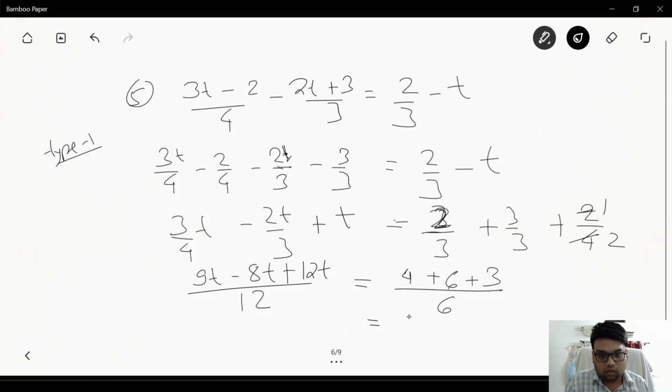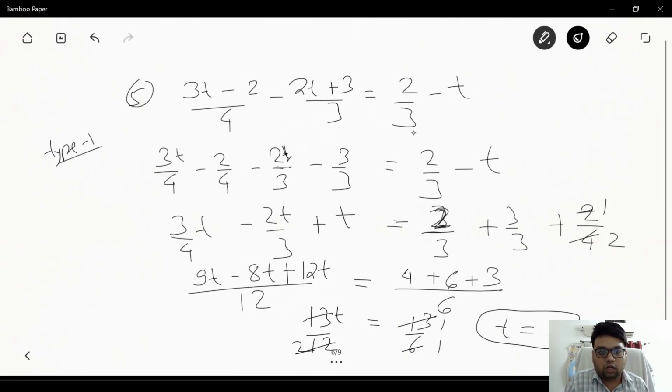So here it will become 13 by 6, and here 9 minus 8 plus 12 is 13, 13t by 12. Now 6 ones are 6, 6 twos are 12, and 13 and 13 cancel out. Therefore the value of t will be equal to 2.